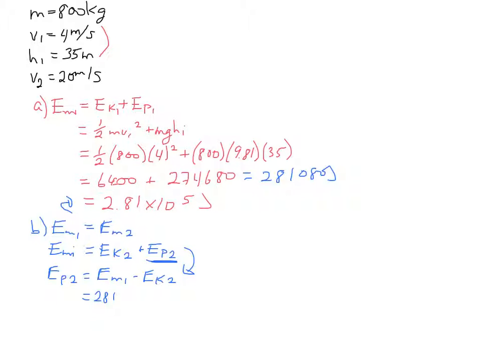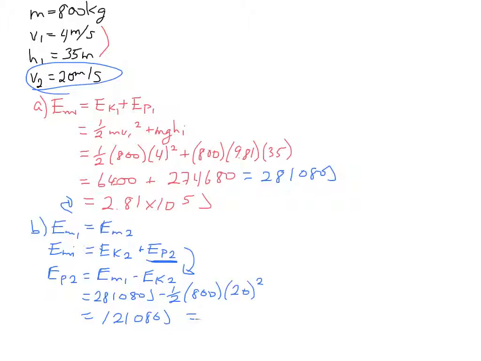What I'm subtracting is half times my mass, which is 800, times my second velocity that I just circled in blue, which is 20 meters per second, and I have to square that. What I'm going to get there is a final answer of 121,080 joules, and for significant digits I have 1.21 times 10 to the 5 joules.